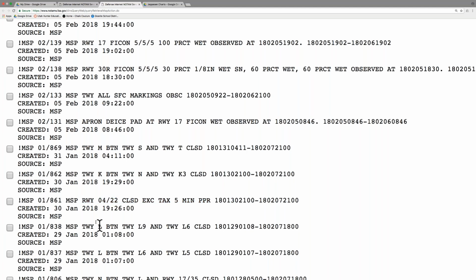So how would this one affect us? Somebody want to take a stab at that? Well, what does EXC stand for? Except for taxi. PPR.